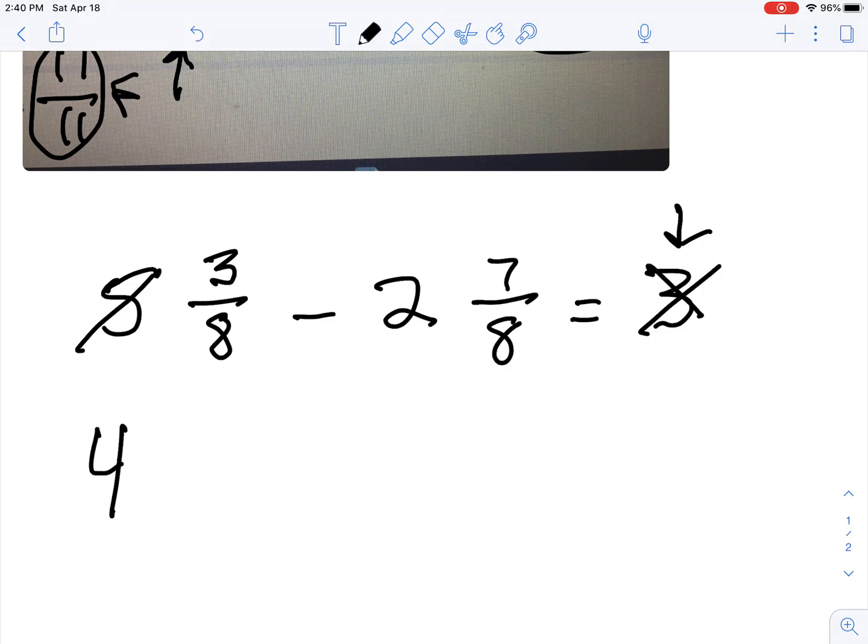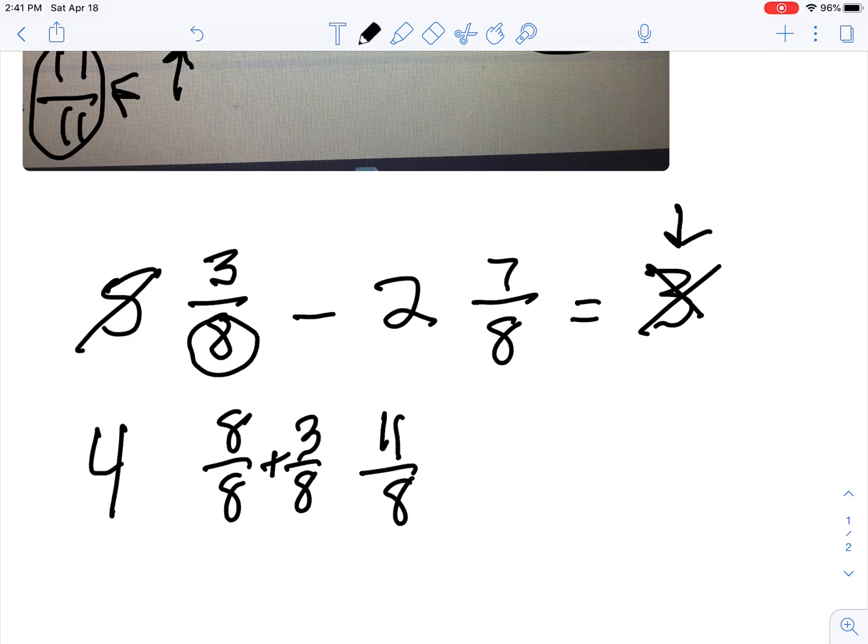How do I rewrite that 1 whole as a fraction in this problem? Correct. I'm going to rewrite it as 8/8 because I'm dealing with the denominator of 8. So what do I do next? Now that I have 8/8, what do I do with my 8/8? Yep, I add it to my 3/8.